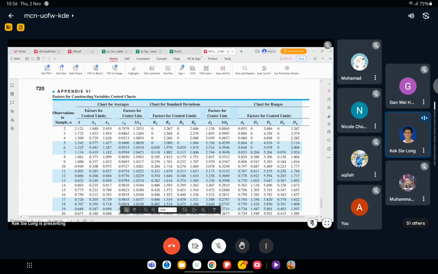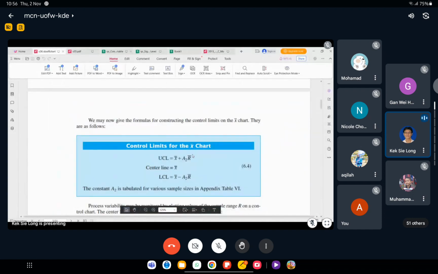There are three groups, or three categories: chart for averages, chart for standard deviation, chart for ranges. We want to calculate the control limit for the X bar chart. So what is A2?